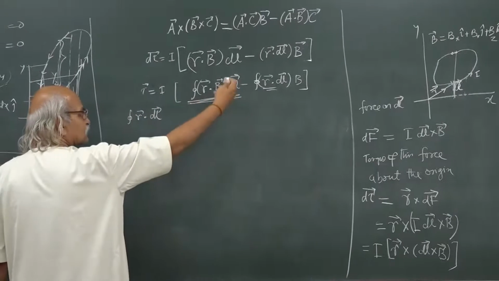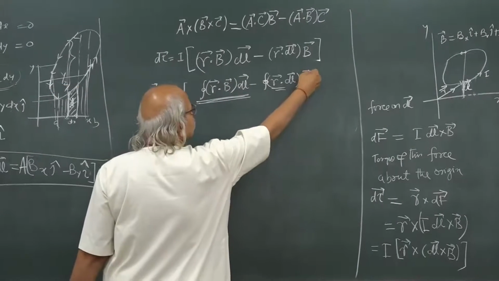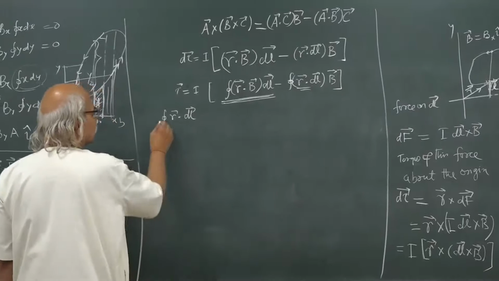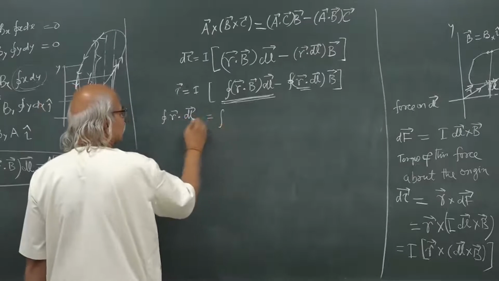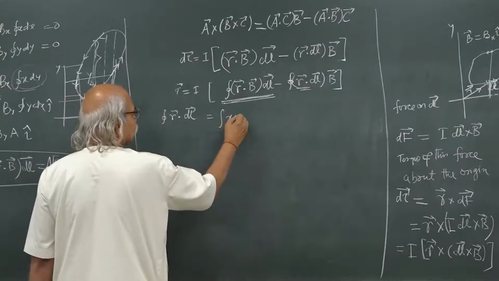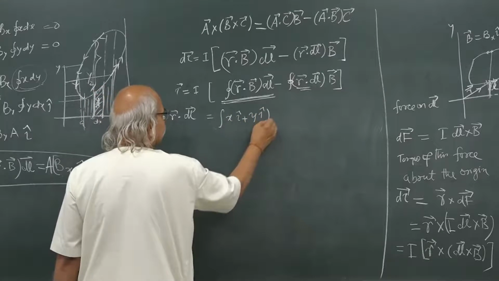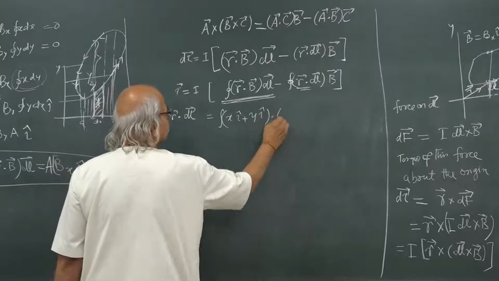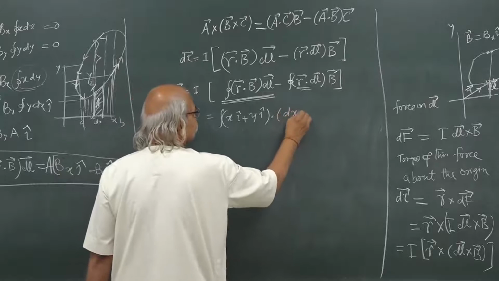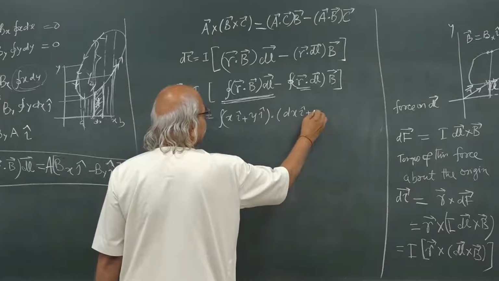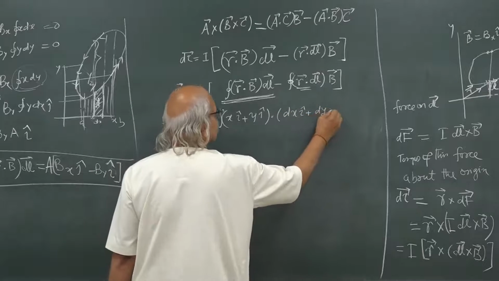This b is constant, we can keep it here. So let's calculate this. What is this? r is x i cap plus y j cap, and dl is dx i cap plus dy j cap.